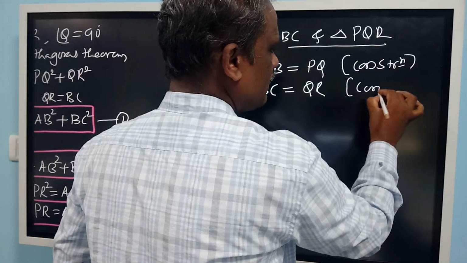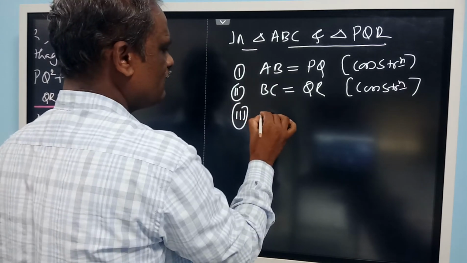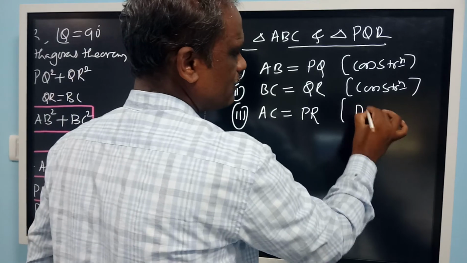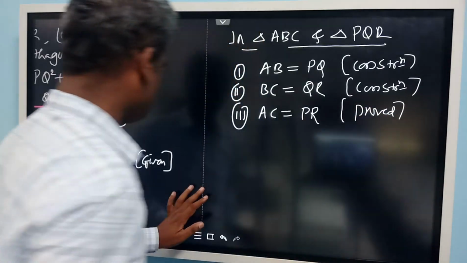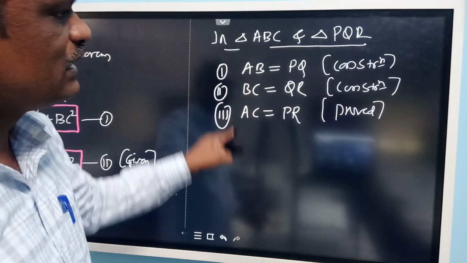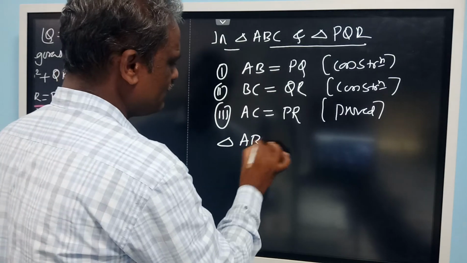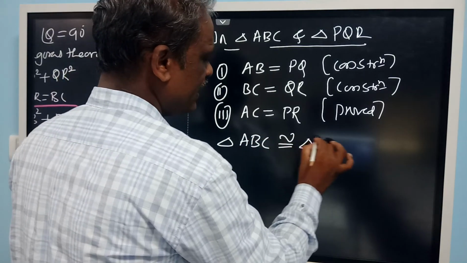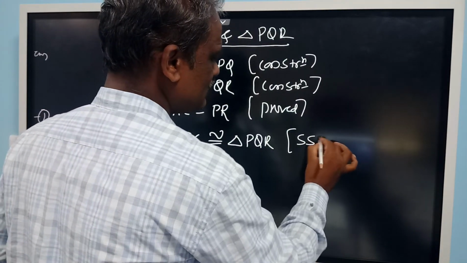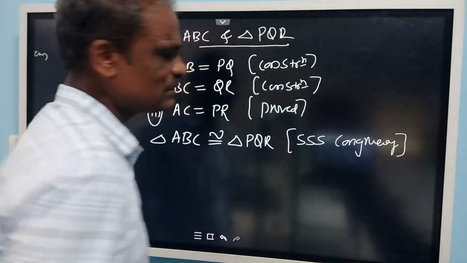For the third side, we have AC is equal to PR. That we have proved here. So now three sides of one triangle are equal to three sides of another triangle, which means triangle ABC must be congruent to triangle PQR. So this is by SSS congruency.